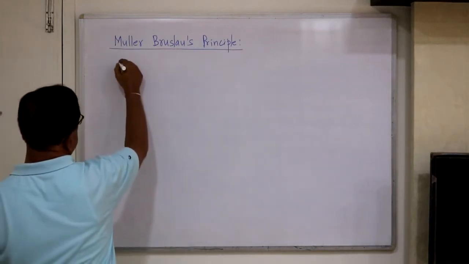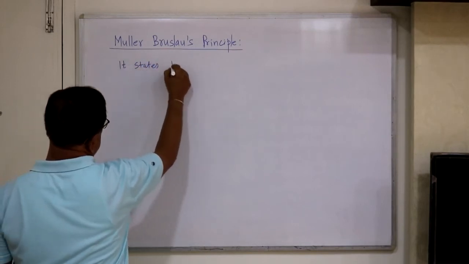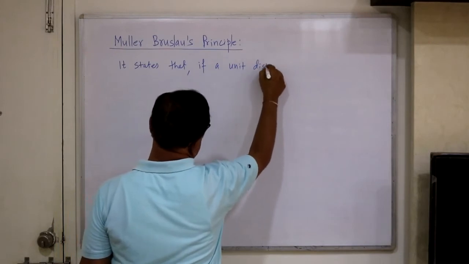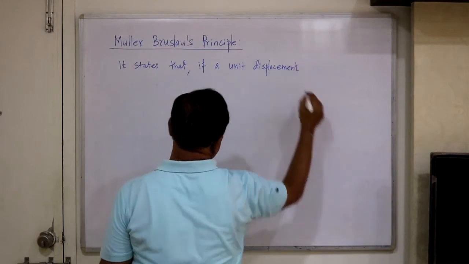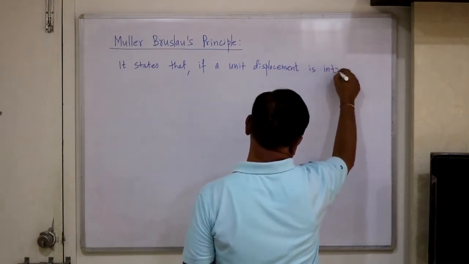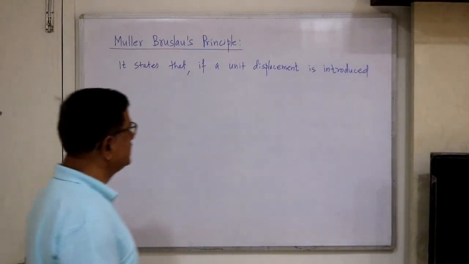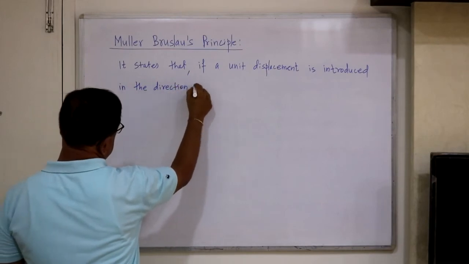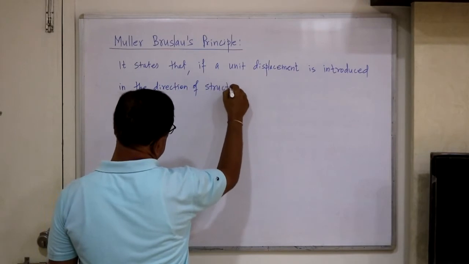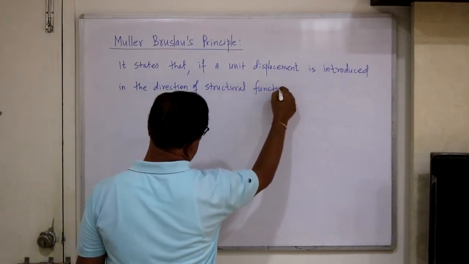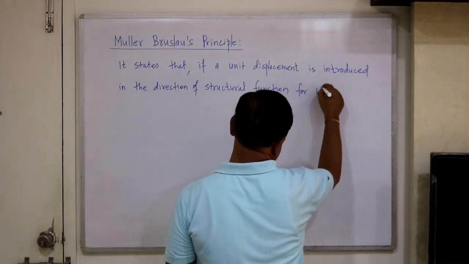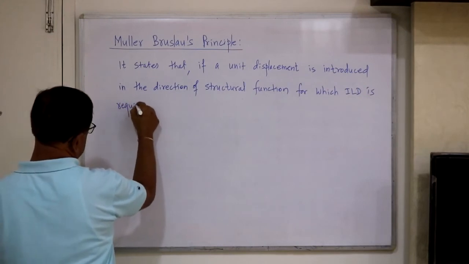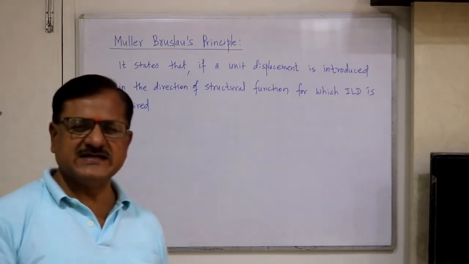It states that if a unit displacement is introduced in the direction of the structural function for which the ILD is required, by removing the restraint offered by that structural function.